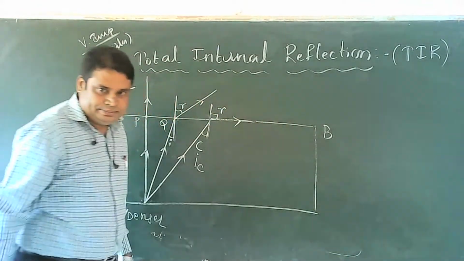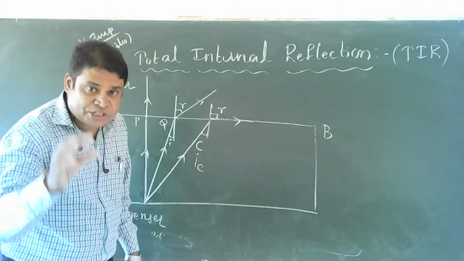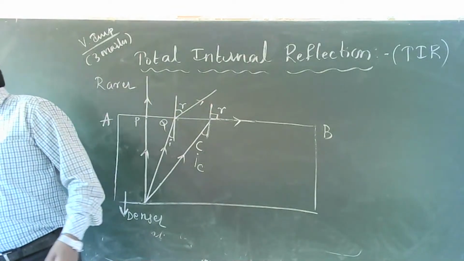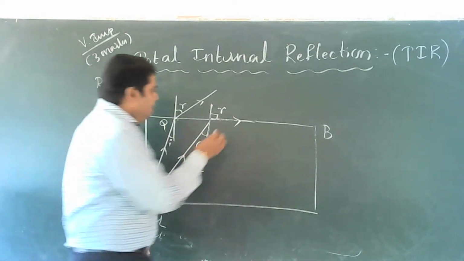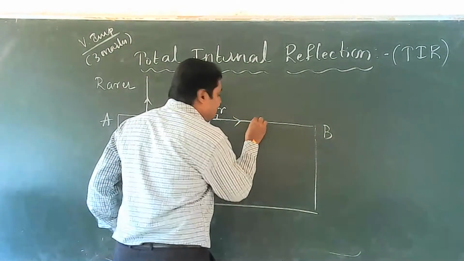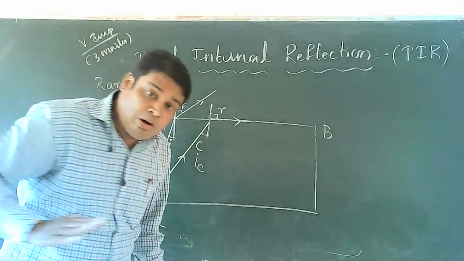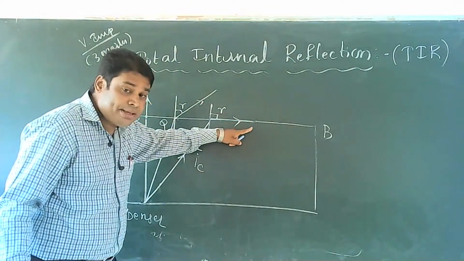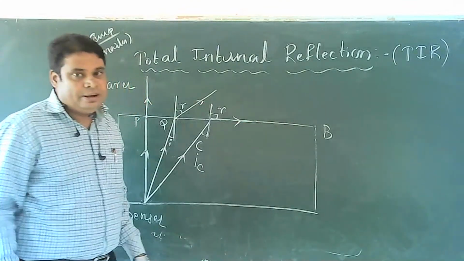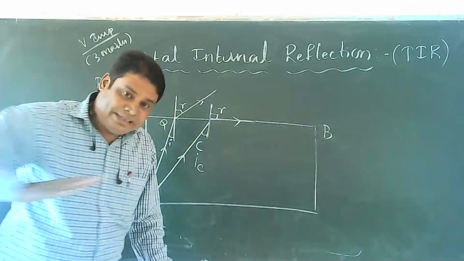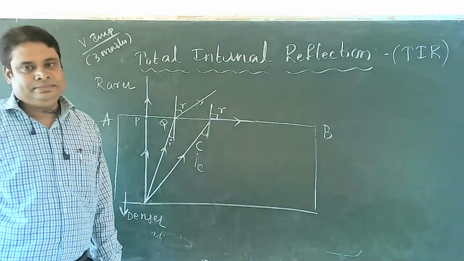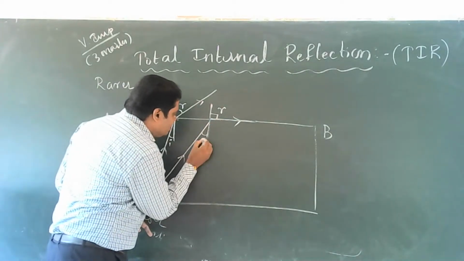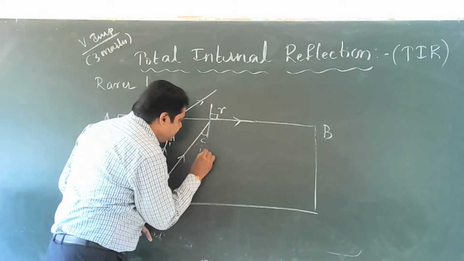This refracted ray will move along the surface separating these two media. It simply grazes. This angle of incidence is called the critical angle.